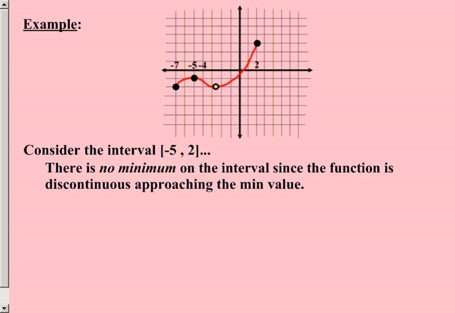Now, on this interval, there is no minimum recorded, since the function is discontinuous approaching the minimum value. So it's quite clear that the graph does hit a trough in that particular location, but it's not considered to have a minimum value because the minimum value actually does not exist. Something fails in the function right there, and we have a discontinuity.